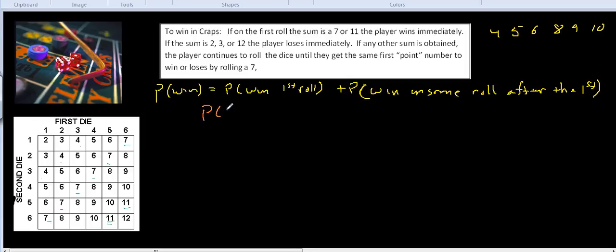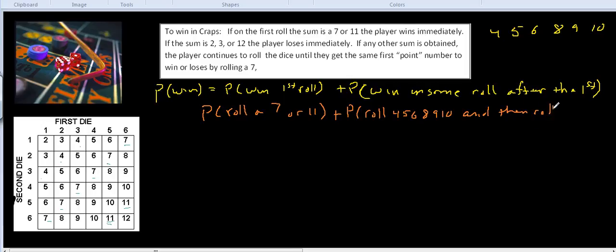So it's the probability of you roll a 7 or 11 plus the probability that you roll a 4, 5, 6, 8, 9, or 10, and then you roll the point number before 7.